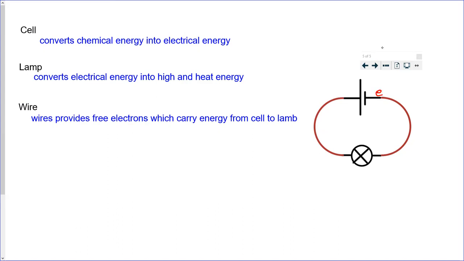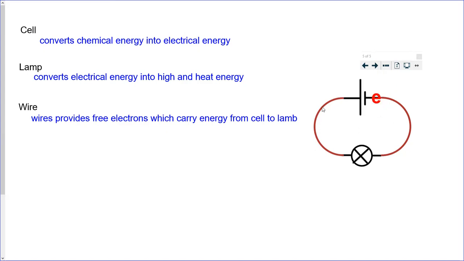Just a second please, I will use this. This red thing, remember, shows energy. This electron is energetic. What happens?